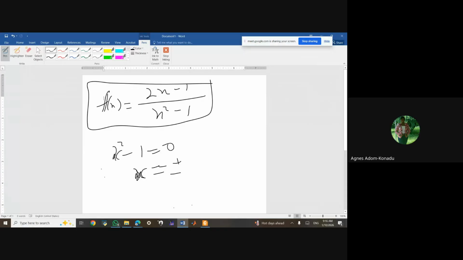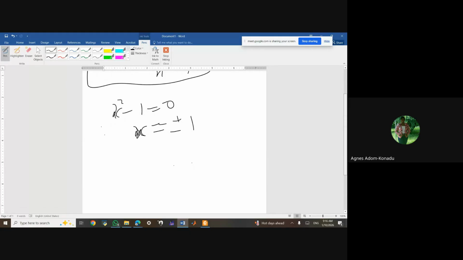So it means that when I substitute plus or minus 1 into this function, the function will be undefined. When I substitute positive 1, I'm going to get 1 squared minus 1, which will be 0, and this divided by 0 is undefined. When I substitute minus 1, I have minus 1 squared, which is 1, minus 1, 0. It will be undefined.